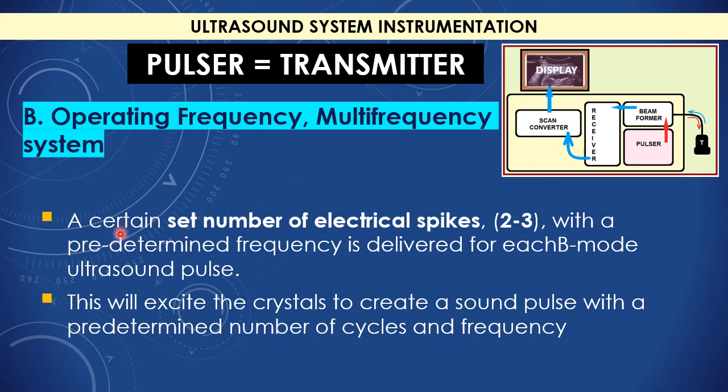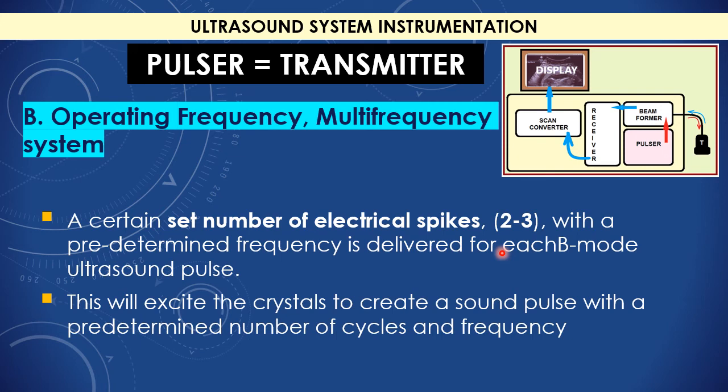So again, there is a certain set number of electric spikes, 2 or 3. The sound pulse is made of 2 or 3 cycles, 2 or 3 waves. If I'm having a sound pulse made of 2 waves, I need to have 2 spikes.